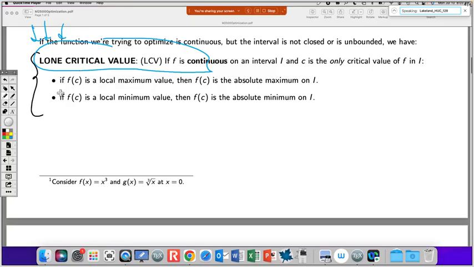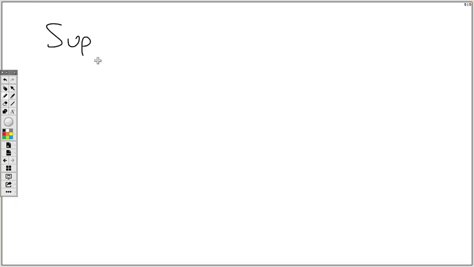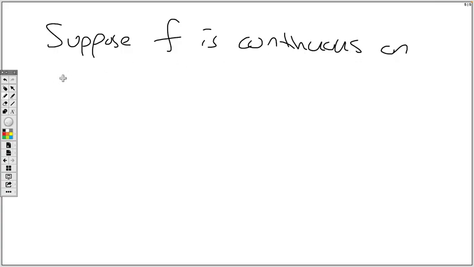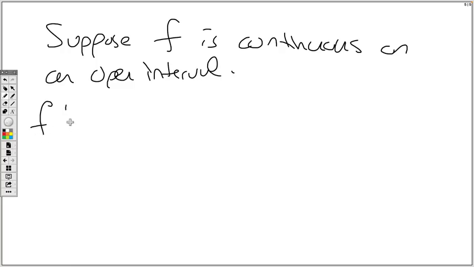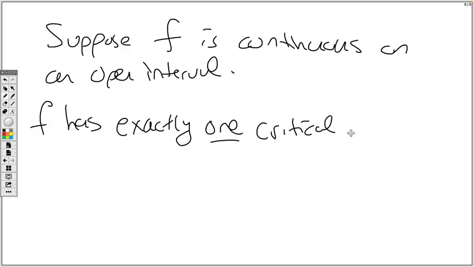So here's the idea. Suppose f is continuous on, say, an open interval. And f has precisely, or exactly, one critical number in the interval.